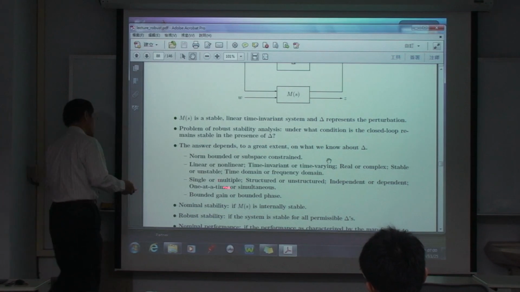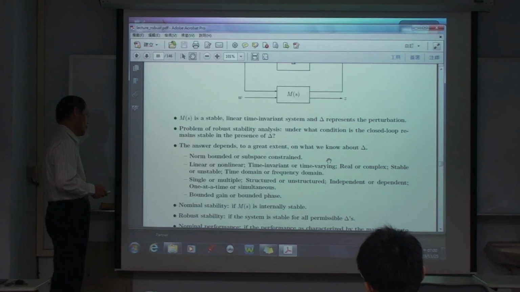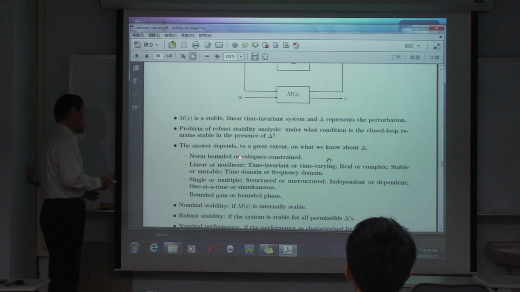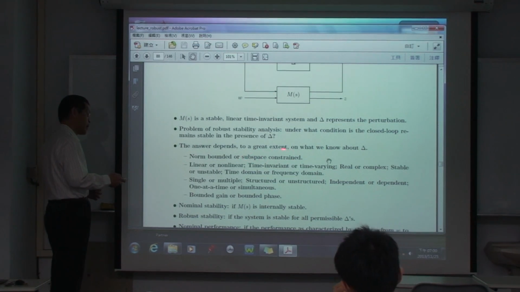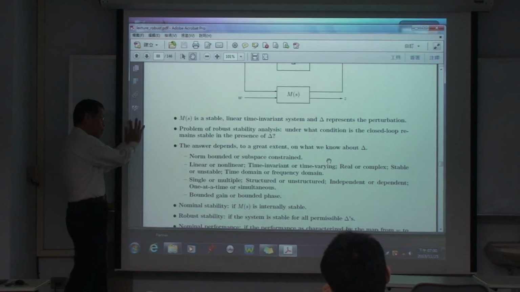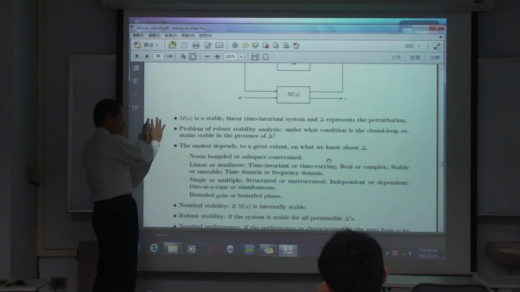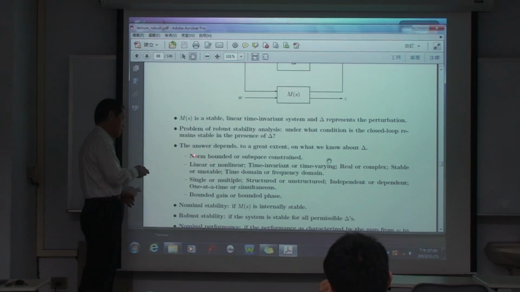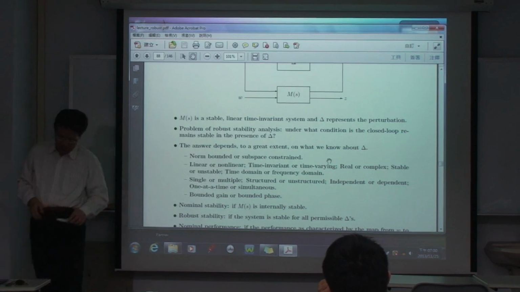We'll talk about the classification of uncertainty. Sometimes the norm of the uncertainty is bounded by a norm constraint. But sometimes we have a subspace constraint. That means this uncertainty will happen in a particular direction, around certain spaces.